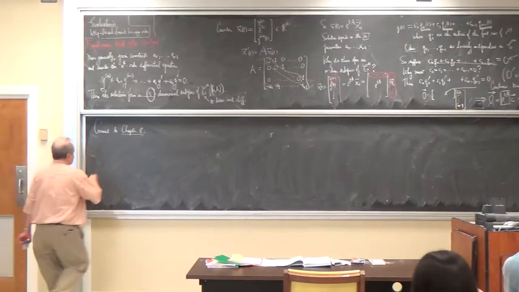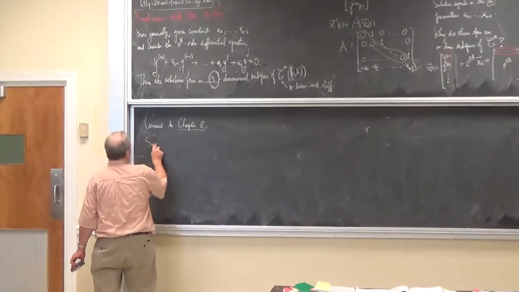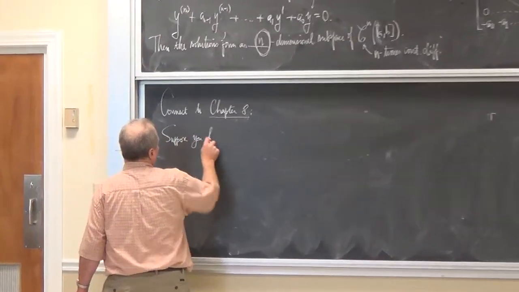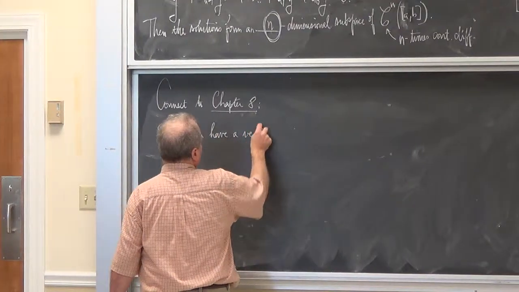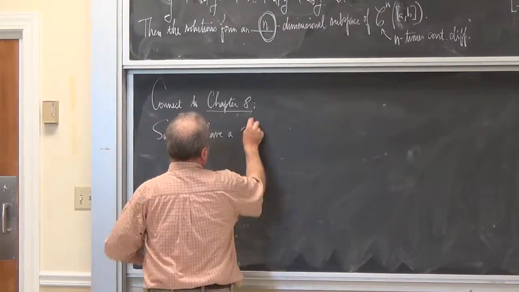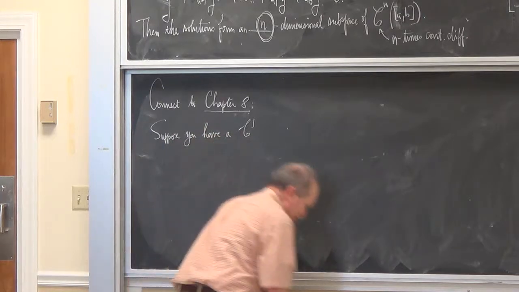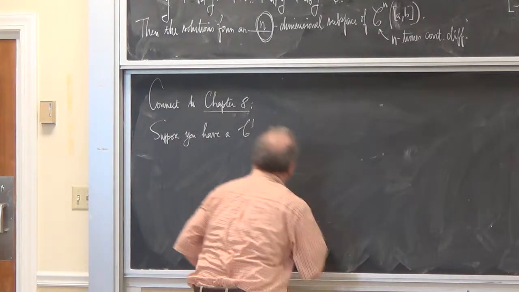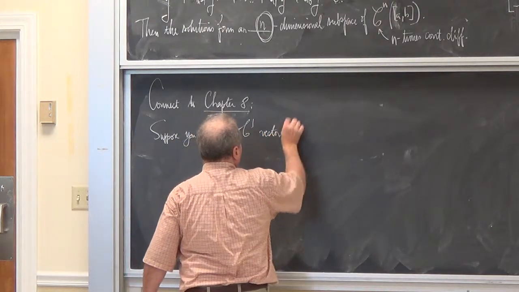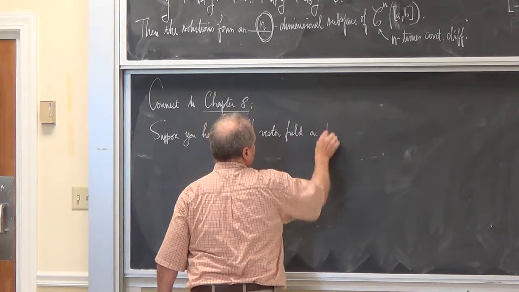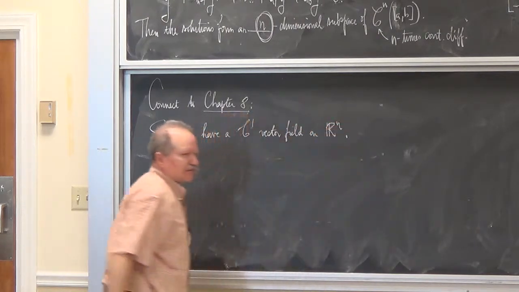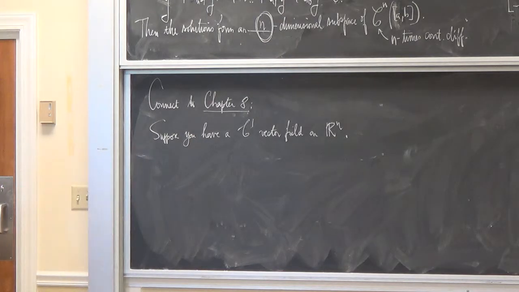So suppose you have a vector field, say a nice C1 vector field on Rn. Do R3 if it makes you feel better.